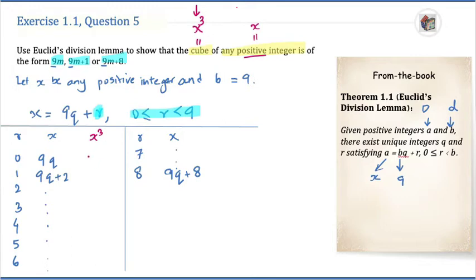So when you do this, this becomes 9 to the power 3 times q to the power 3. Now, if I want to express this as one of these three, so say this is form 1, form 2, and form 3 on top, I can definitely express this as 9m, because this is a multiple of 9.